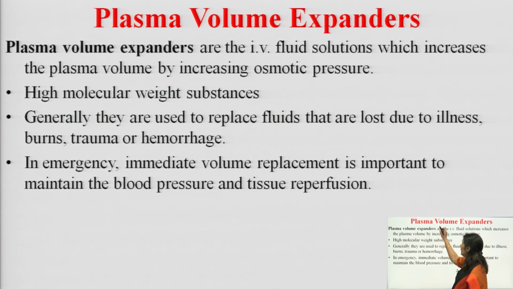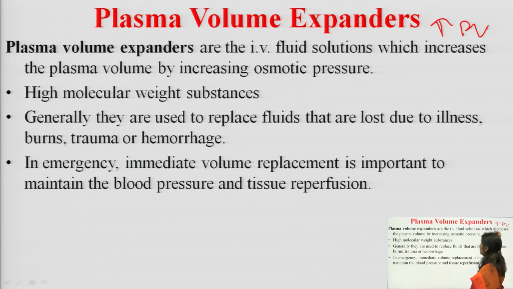It is also clear from its name, plasma volume expanders, that it is the agent which increases plasma volume. These are high molecular weight substances. They are generally used to replace fluids that are lost due to illness, burns, trauma or hemorrhage.